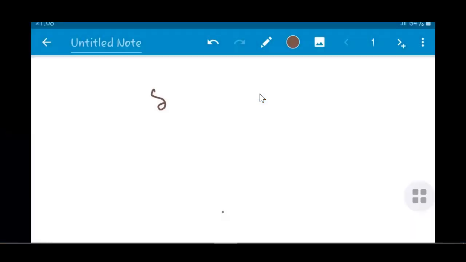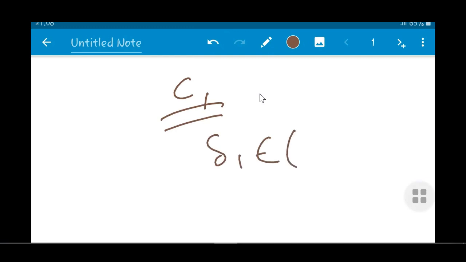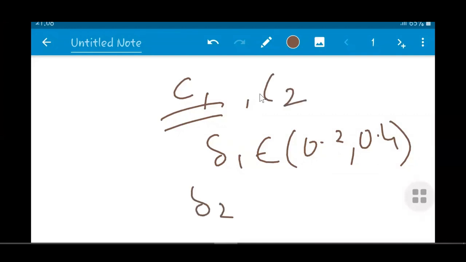Suppose for one variable, say c1, you have obtained the range del 1 within say 0.2 to 0.4. Again for another cost coefficient c2, you have obtained del 2 to be 0.5 to 0.9.